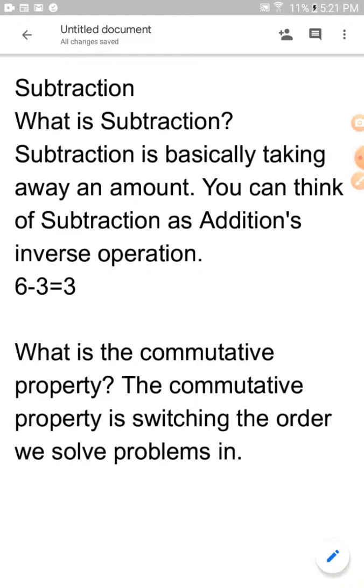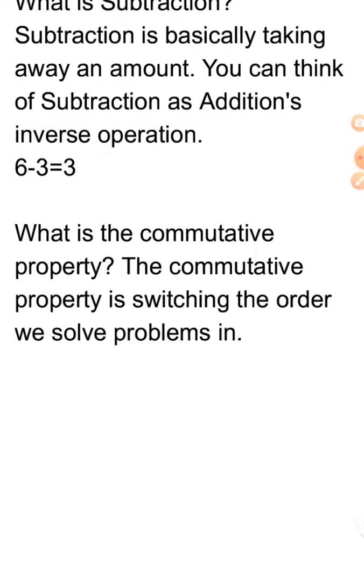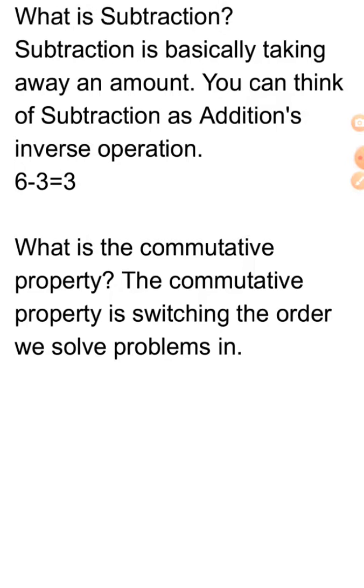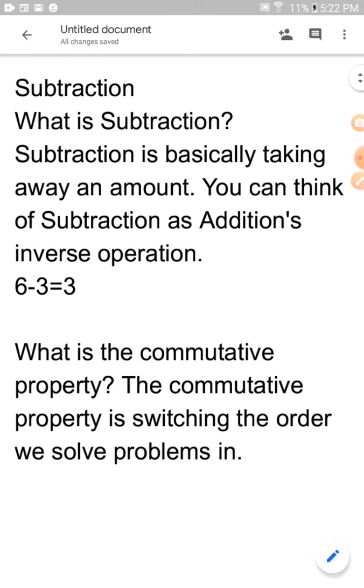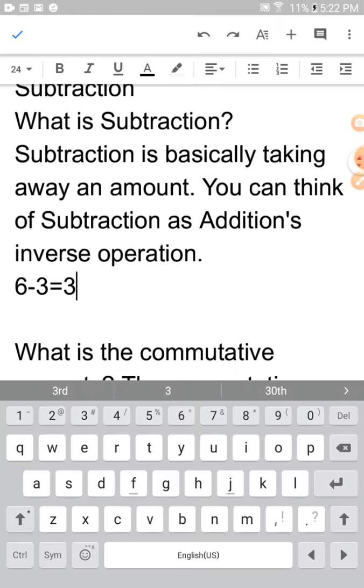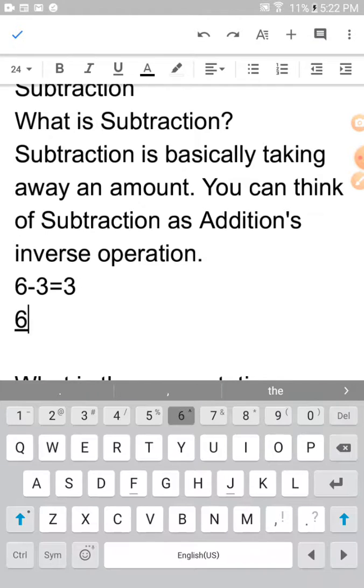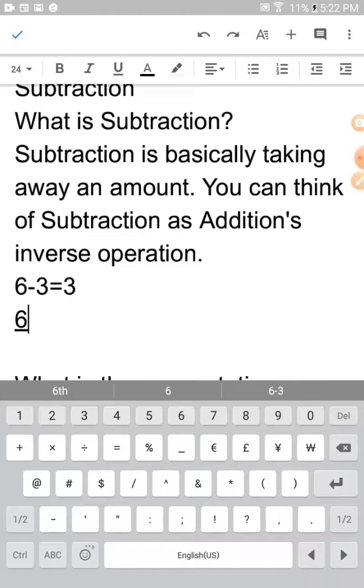So, now that you understand that, keep in mind that addition has the commutative property. And you might even be curious, what is the commutative property? Well, the commutative property is switching the order we solve problems in. For example, there's not only one way to do 6 plus 7, which gives you 13.